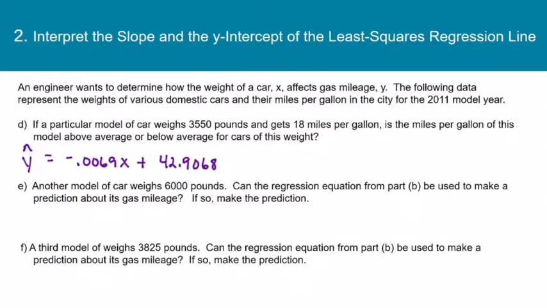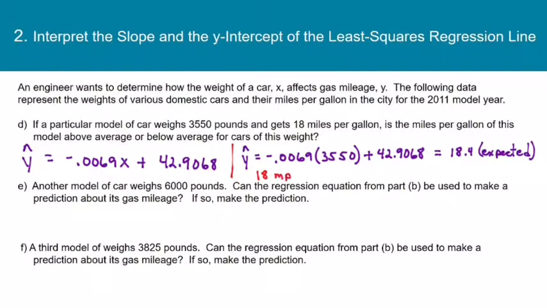So let's go ahead and plug in 3,550, and then when you run this through the calculator, you see that the predicted miles per gallon is 18.4. If this car is only getting 18, where our regression equation predicts 18.4, that means the actual observed mileage for this car is a little below average. So it's just a little on the low side.